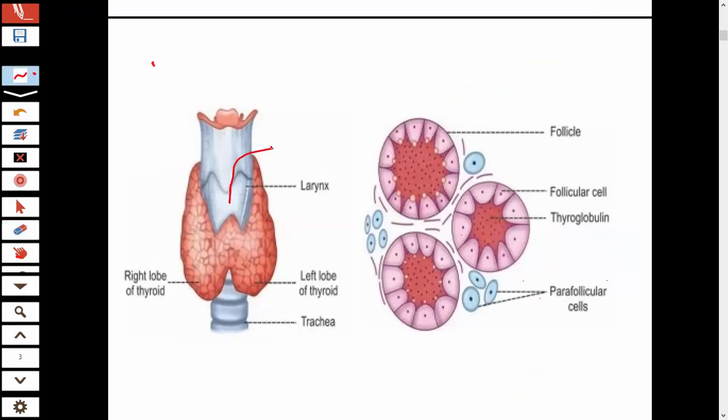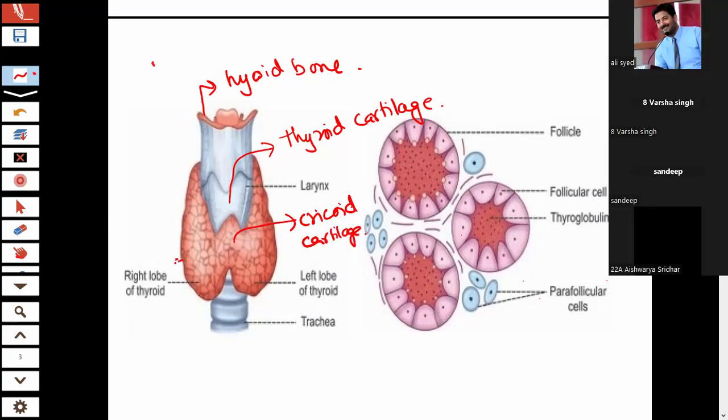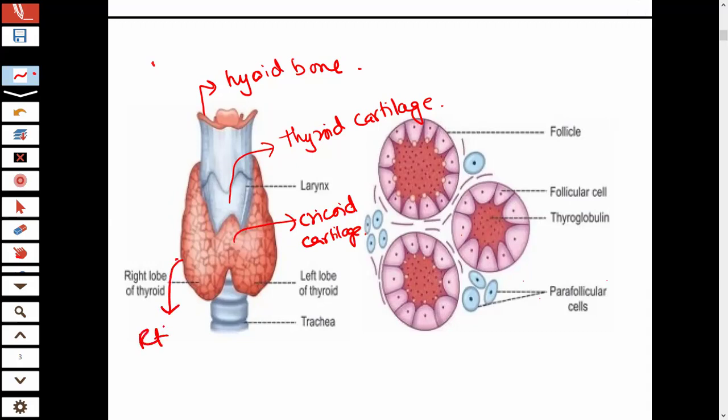This is the thyroid cartilage. This is the hyoid bone. And behind somewhere there will be your cricoid cartilage. Now this is the right lobe of the thyroid gland. This is the left lobe of the thyroid gland.